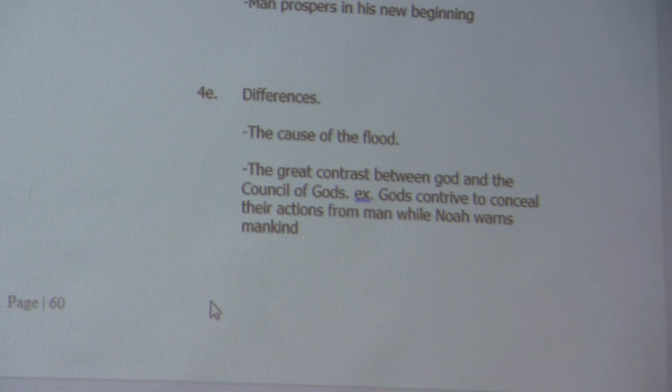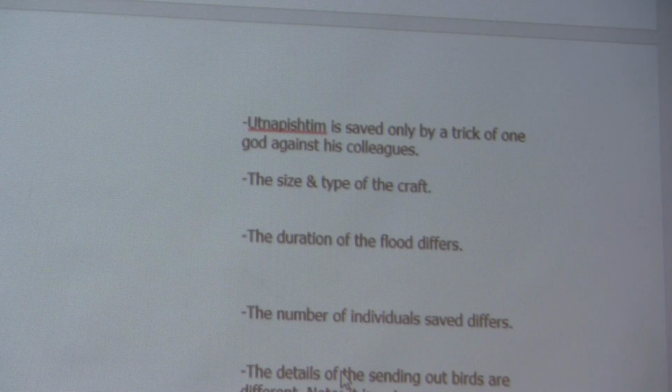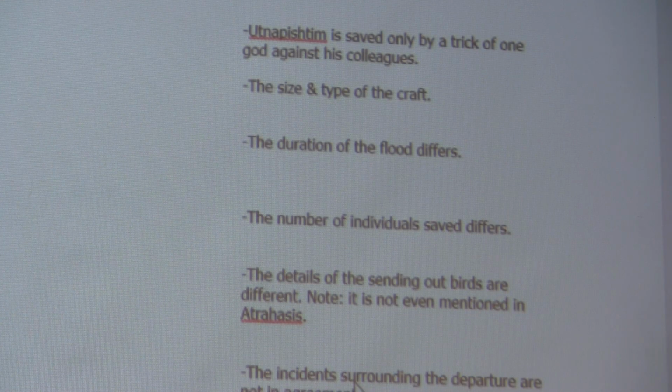For example, the gods contrive to conceal their actions from humankind, while Noah spends his lifetime warning mankind. Well, that's a pretty serious difference. In the one account, the gods are being secretive, and in the other, God warns them. Utnapishtim is saved only by a trick of one of the gods against his colleagues. Well, that's pretty radically different.